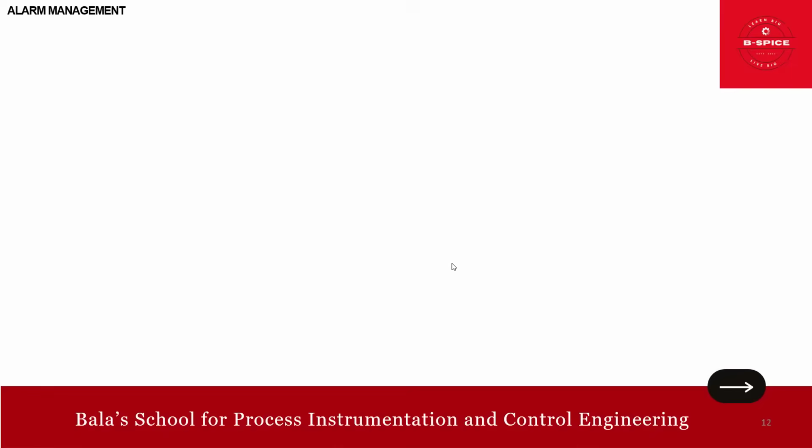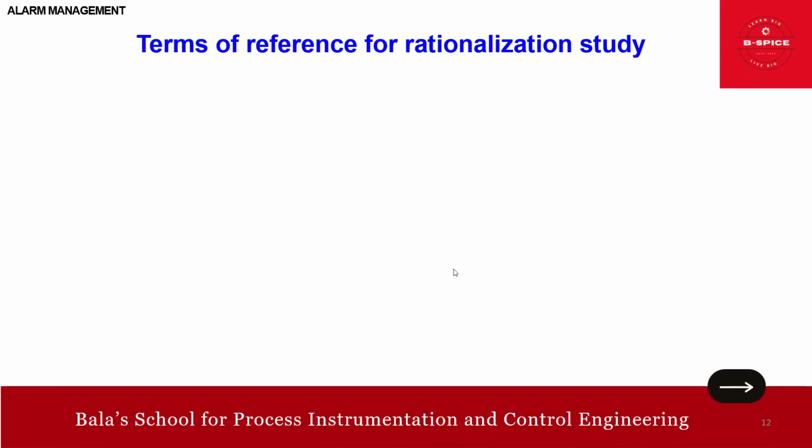Now the last part of this video is the terms of reference. See, the purpose of the alarm rationalization study is to assess and optimize the performance of the existing or new alarm management system. That study will be conducted by a dedicated team of relevant stakeholders with full involvement of operators, right?